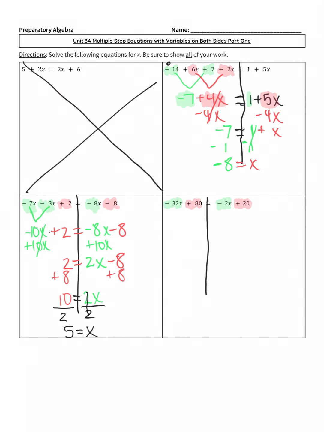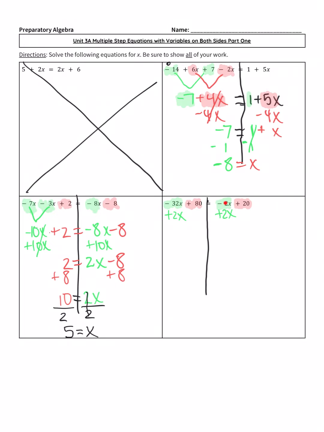I do not have any like terms on one side of the equation, so I immediately start combining them across the equal sign. I have a negative 2x here and a negative 32x. Those are like terms. So I need to use the inverse operation, or the opposite. So I need to add 2x to this side and add 2x to this side.